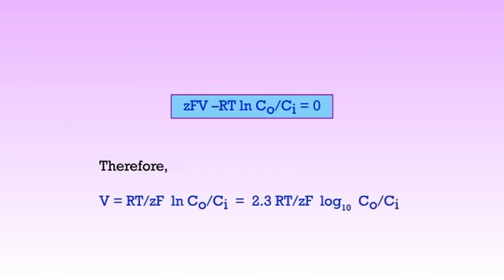Thus, ZFV minus RT ln Co by Ci equals 0, and therefore V equals RT by ZF ln Co by Ci, which equals 2.3 RT by ZF log base 10 Co by Ci.